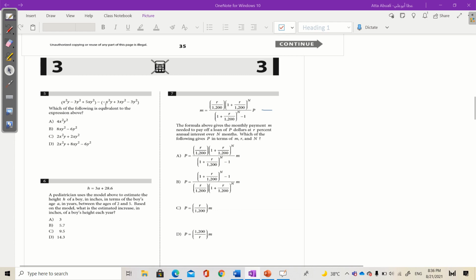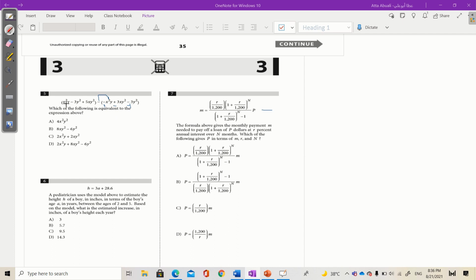Now there is subtraction we have to do. I have to change the signs in the second brackets because it's multiplied by minus. So here it becomes plus, here it becomes minus, and here it becomes plus.